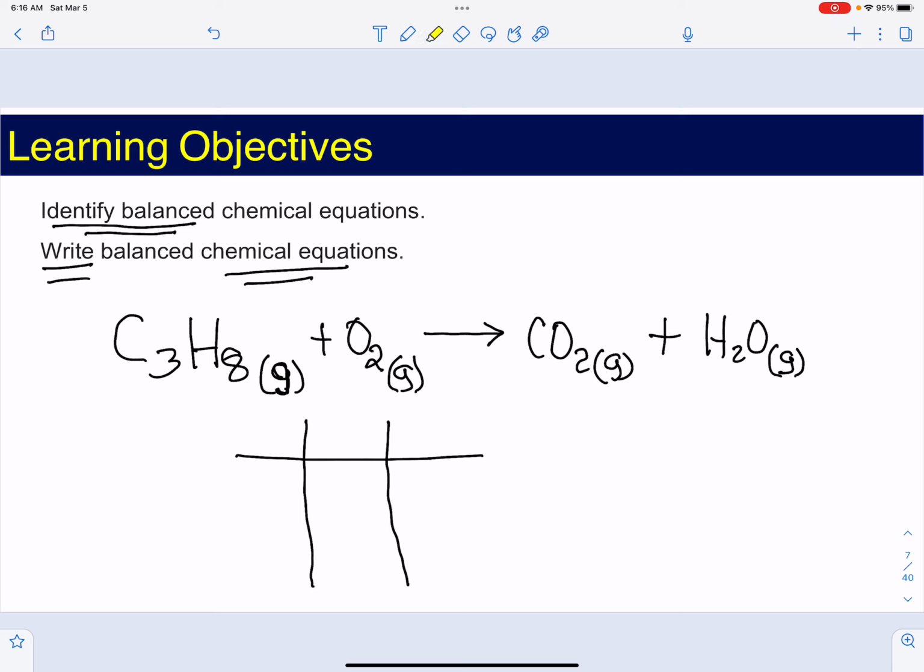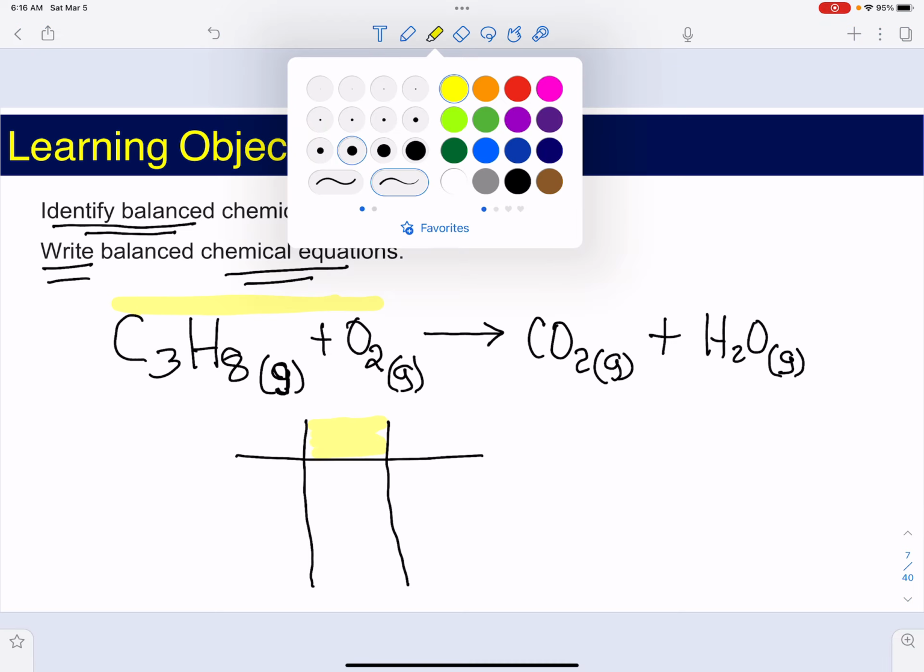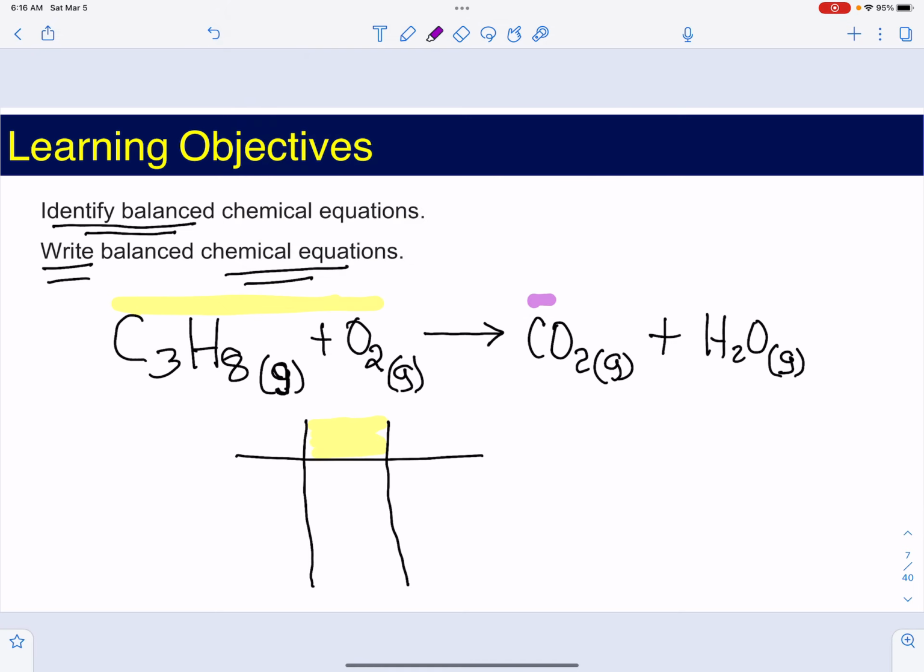So I'm gonna have the left side of my reaction, and I'm also gonna have the right side of my reaction. So this is gonna be the left side, this is gonna be my right side, and I'm gonna keep track so I do not violate the law of conservation of matter. I'm going to keep track of the elements I'm dealing with.